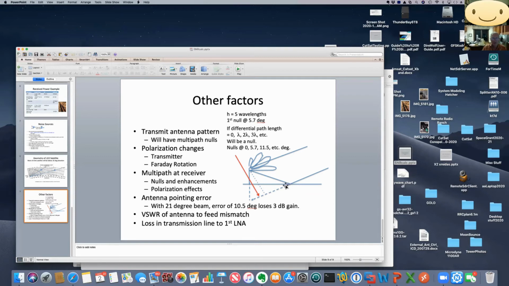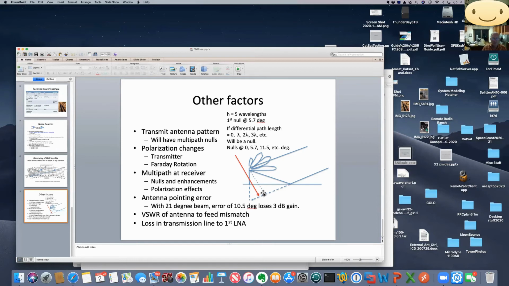So right at the horizon, there's a null if this is an ideal sort of two omnidirectional antennas with a flat Earth. There'll be a null right on the horizon, and then there would be a peak. It actually gets enhanced because when the phase changes by 180 degrees, the summation of two sine waves goes from canceling to adding.